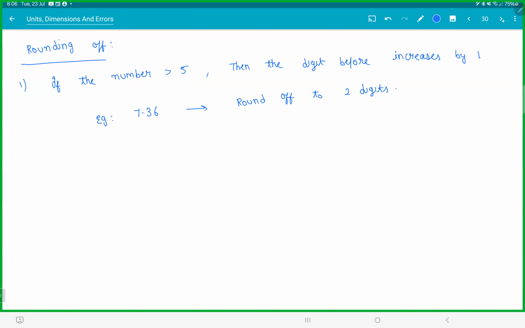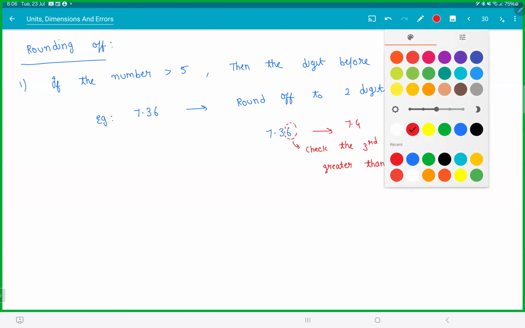When you say round off to 2 digits, look at the third digit. You want the second digit rounded, so you see the third digit. This is greater than 5. So the number before that, 3, will increase by 1. So this should be rounded off to 7.4. Got the logic?